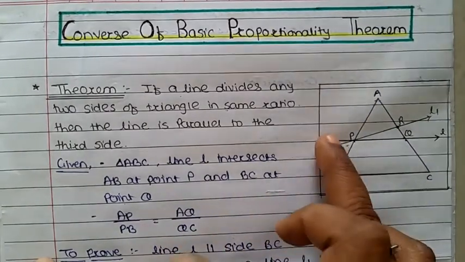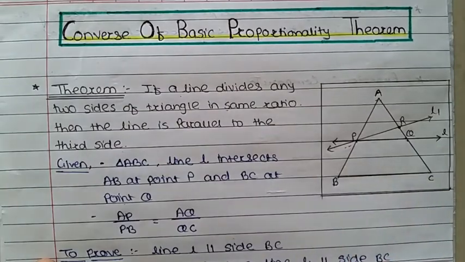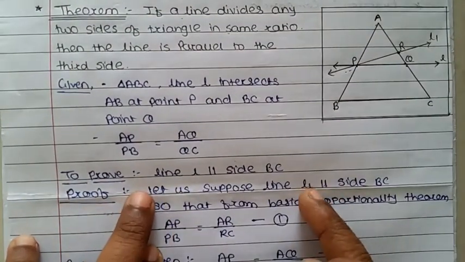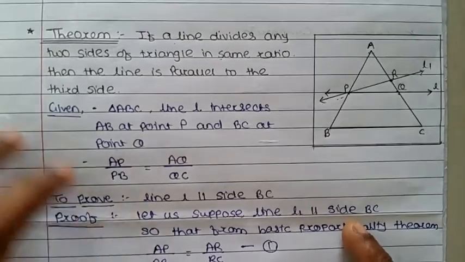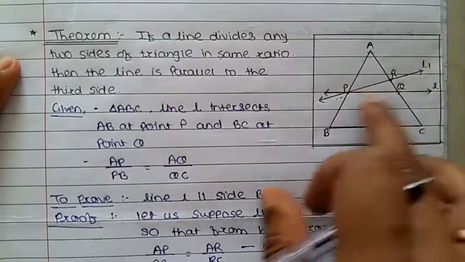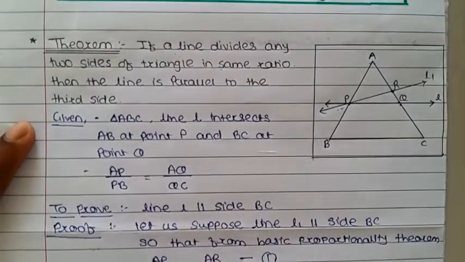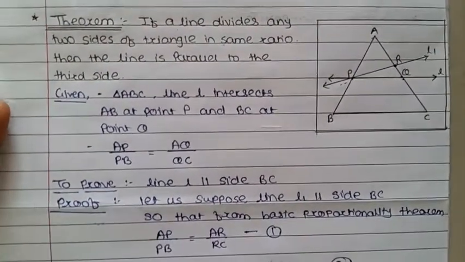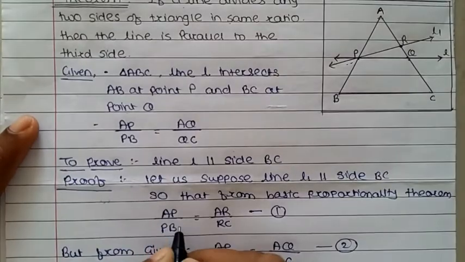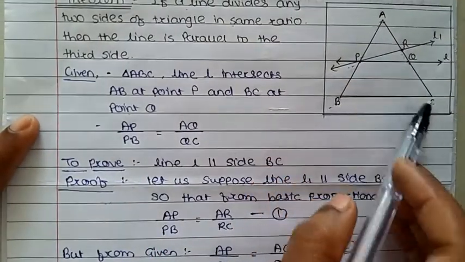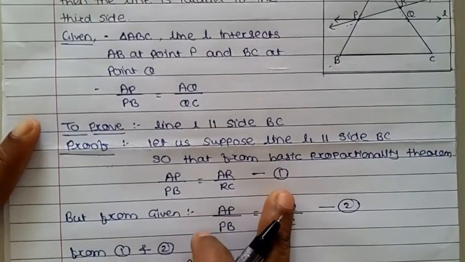Next we have to prove that line L is parallel to side BC. Then we draw one line L1 which is parallel to BC. By the basic proportionality theorem, we can write AP upon PB is equal to AR upon RC. This is your equation number 1.